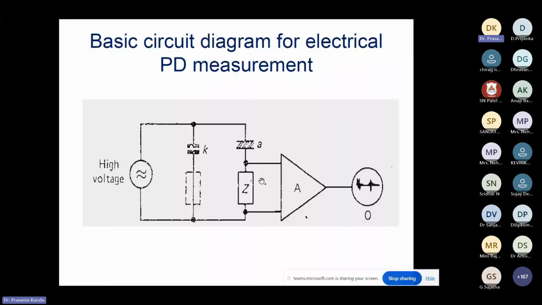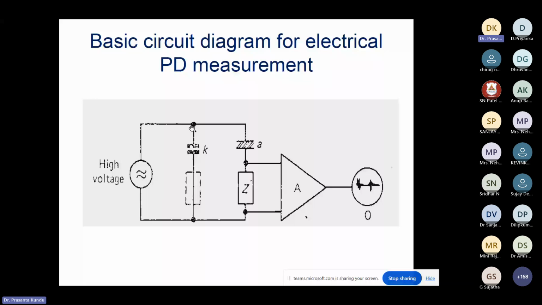This current, instead of coming from the source, will come from the coupling capacitor, because this is a very high frequency. The source is normally a transformer, which has an inductor that offers a very high impedance. So the transformer is a source as well as a filter for the high frequency. It will not allow any high frequency current to pass to the sample.